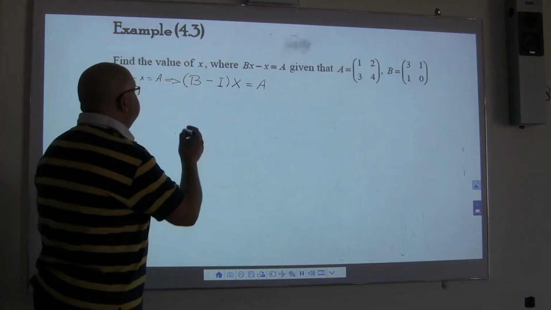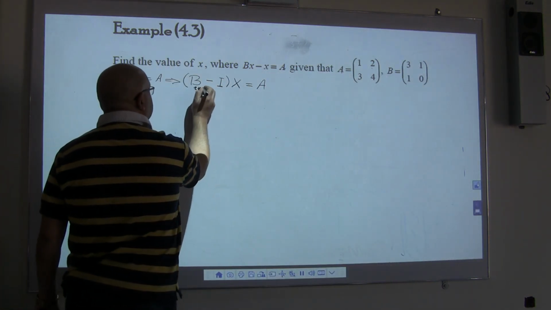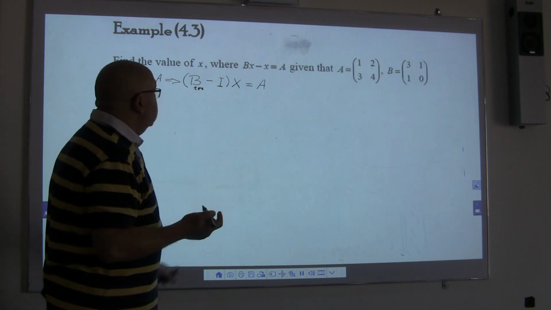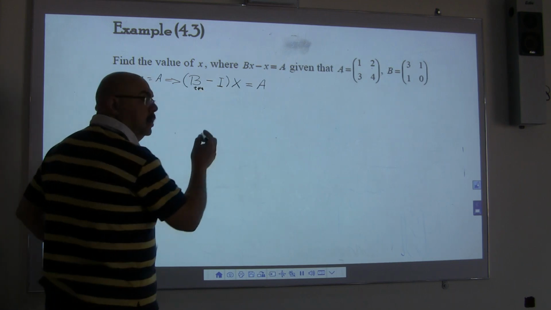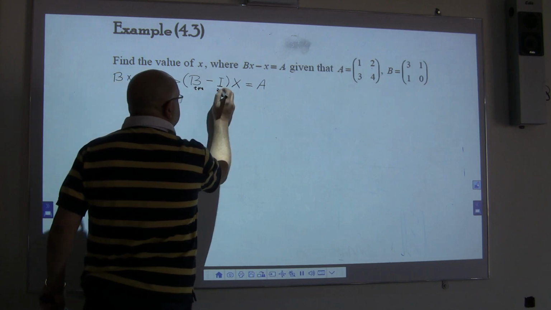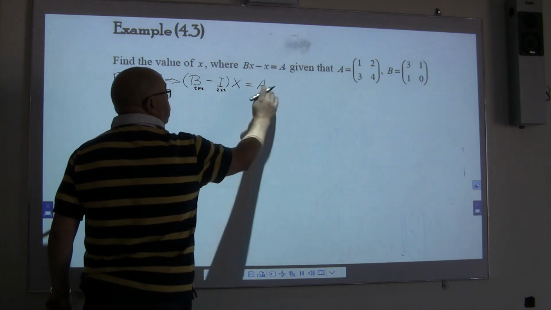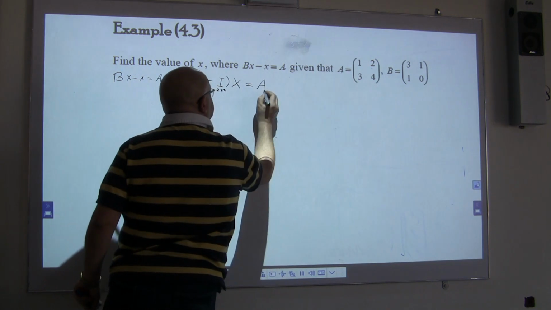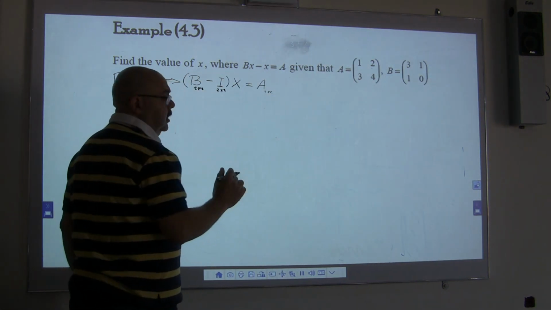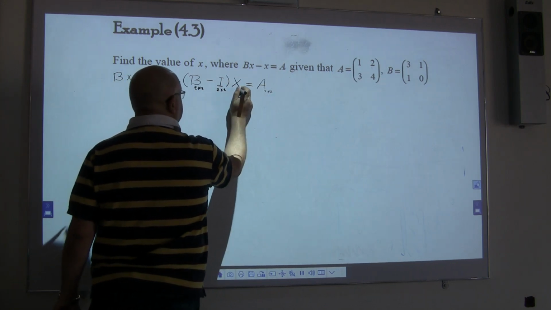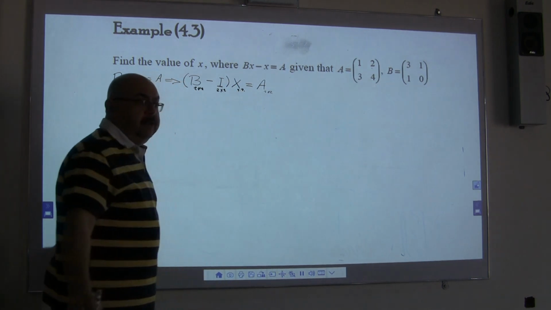So the matrix B is 2 by 2. Okay, Noor, the dimension of I is going to be? 2 by 2. And for matrix A, it's already given, so it's 2 by 2. So we are expecting that X also is going to be 2 by 2.